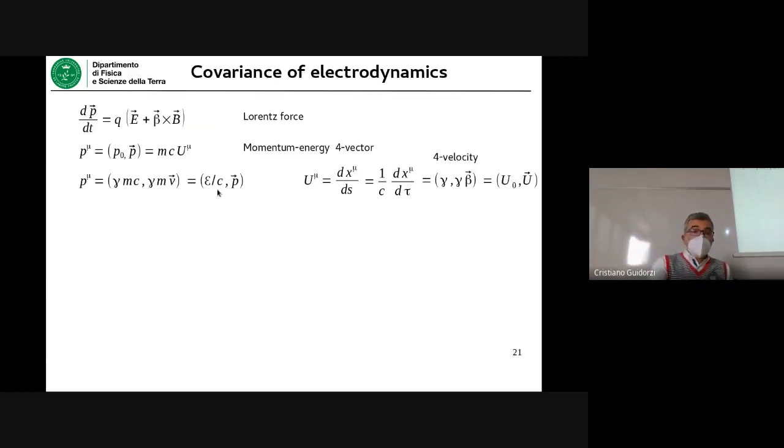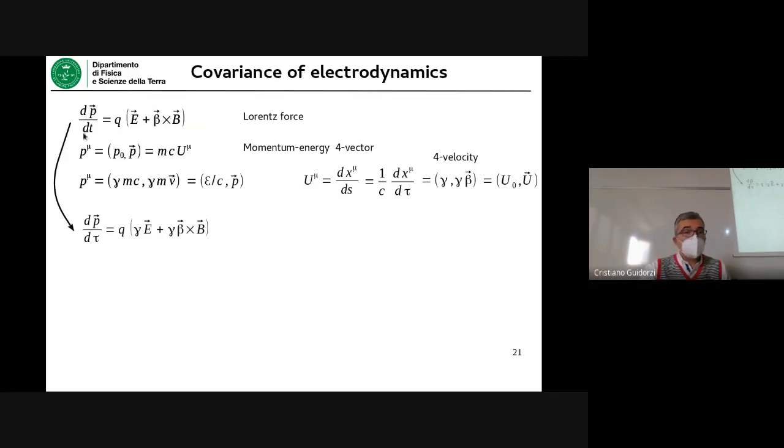So let's consider again this equation. The final goal is to reach a covariant formulation of the dynamics of the charged particle. Now we want to move to something which is Lorentz invariant, using Lorentz invariant quantities.